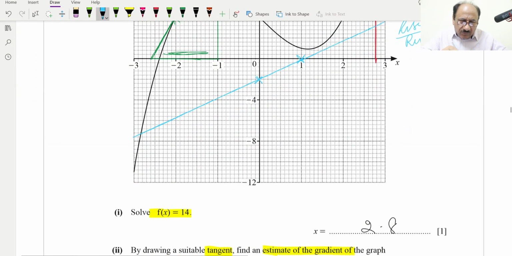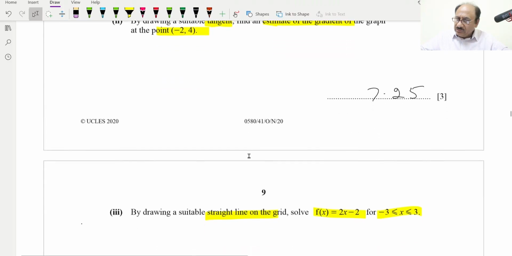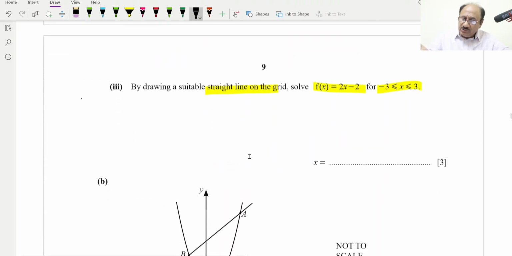We can check the reading for this point, and this will be over here, and this will be -2.8. So we can write this reading as -2.8, and -2.8 will be our final answer.